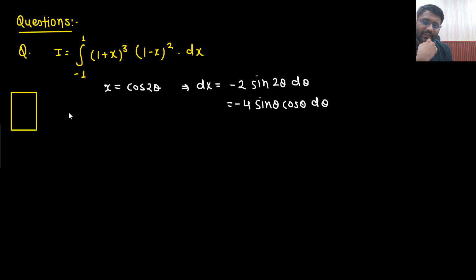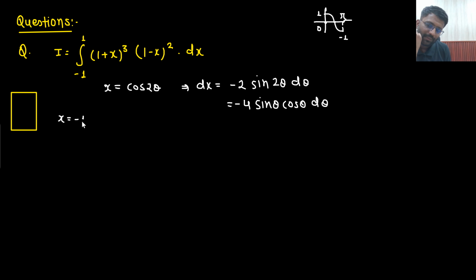If x is minus 1, then cos 2 theta equals minus 1. Here I hope you know that this is the graph of cosine. You get the value minus 1 at pi and you get the value 1 at 0. So if cos 2 theta equals minus 1, if x is minus 1, what I mean to say is that I am writing the limit now.